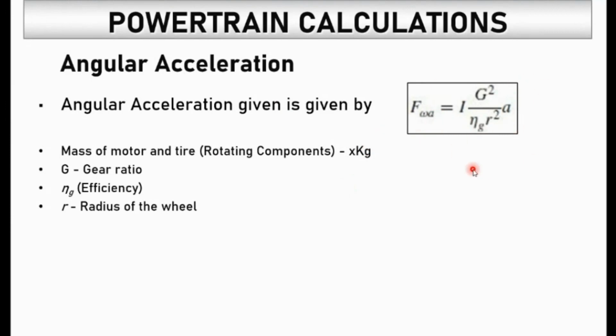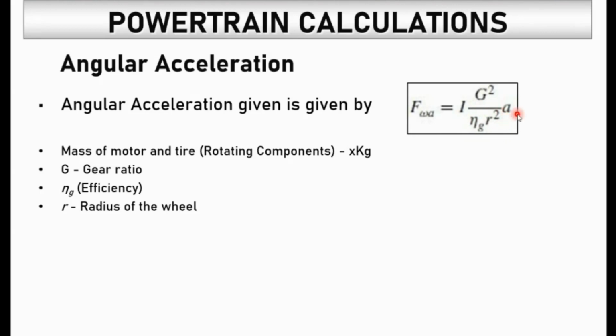Now the formula for calculating it is also the same. We look at torque. Torque is force times the radius. So when you resolve this, we get to this formula where force is equal to moment of inertia, the square of gear ratio, and efficiency of your system, and then divided by the square of the radius, times acceleration.